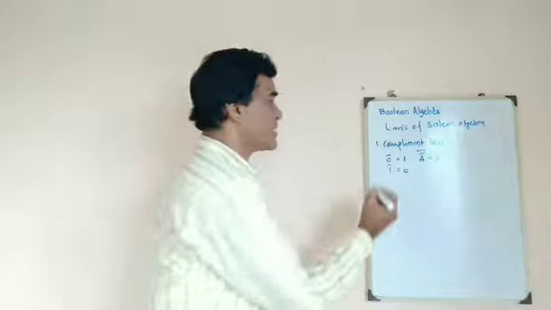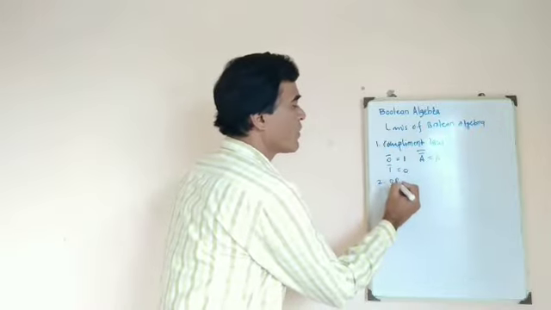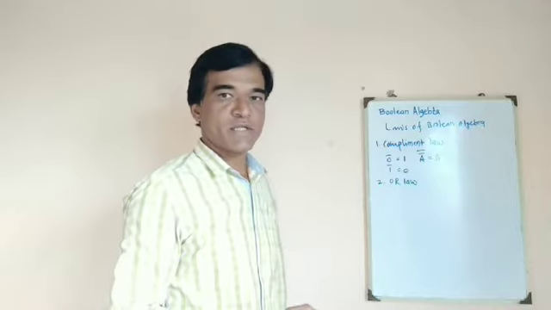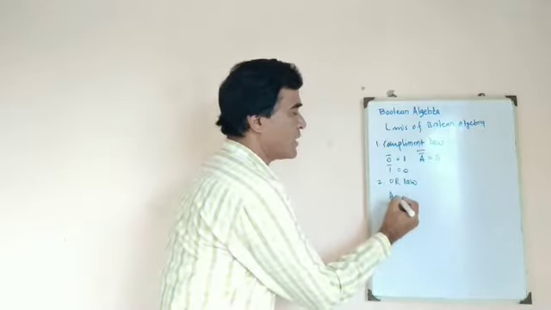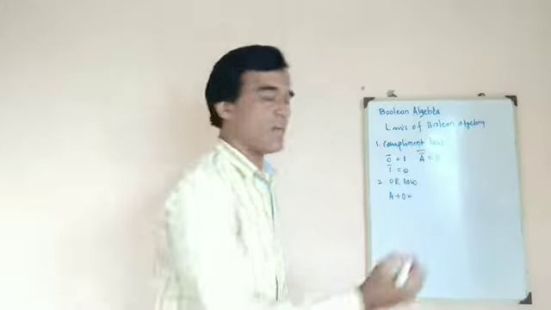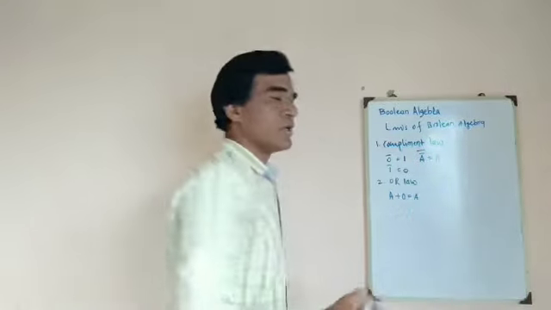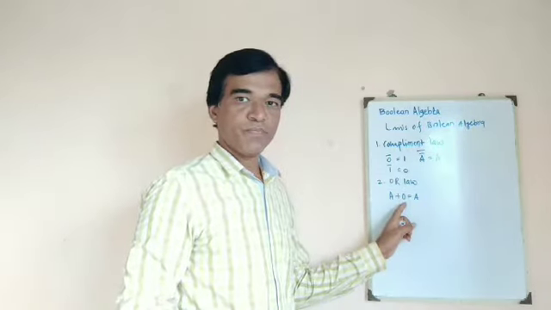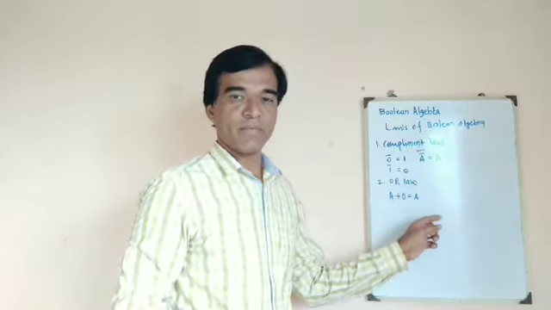Next we have discussed the OR law. In OR law we have discussed if I add a 0 to the variable, I will get the variable. So anything added to 0, I will get that value.